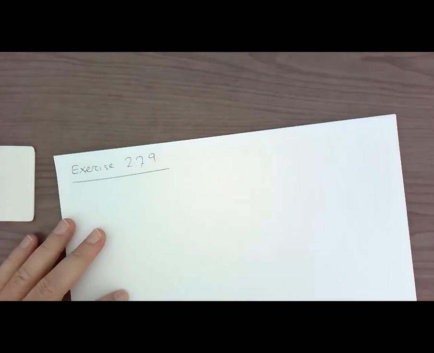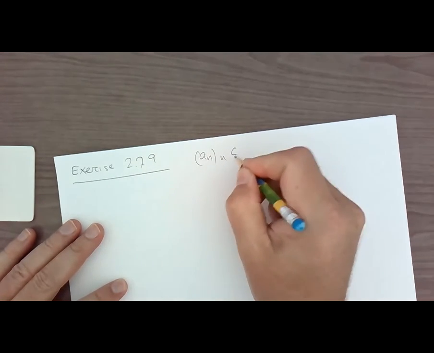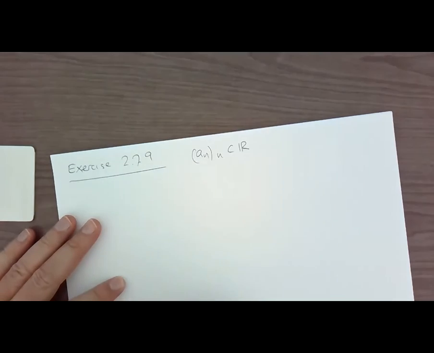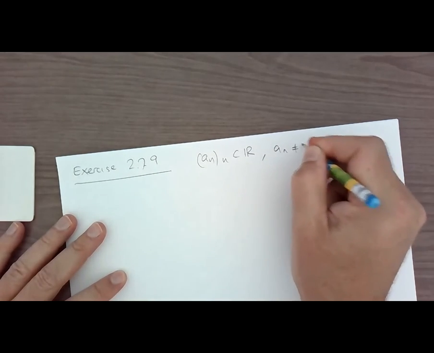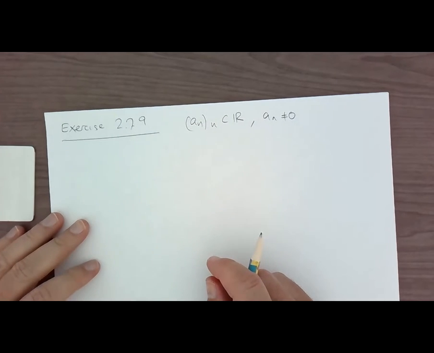So what we have is a sequence inside R, and we're going to say that the terms are not 0, because we're going to be dividing.